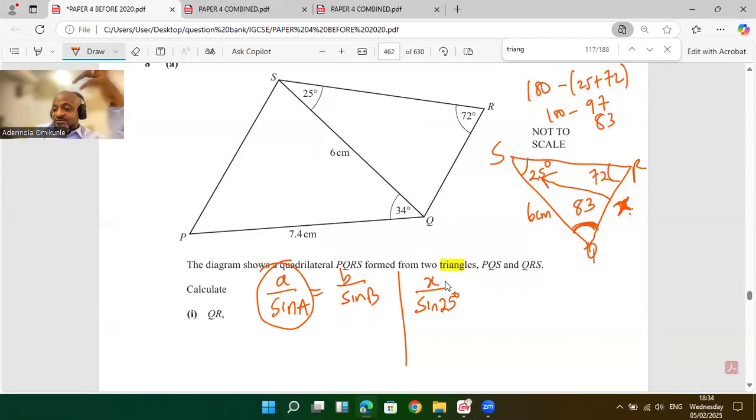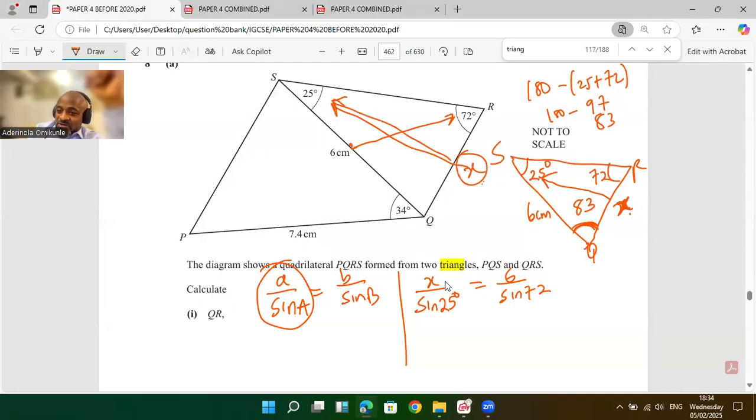Okay, so you do the sine of the angle is equal to, so you now look at what you have. You have 6 and 72. 6 is directly opposite 72. So you just say that's equal to 6 divided by sine 72.